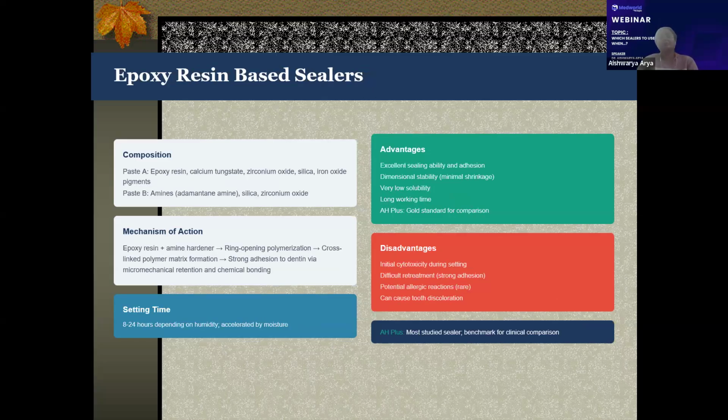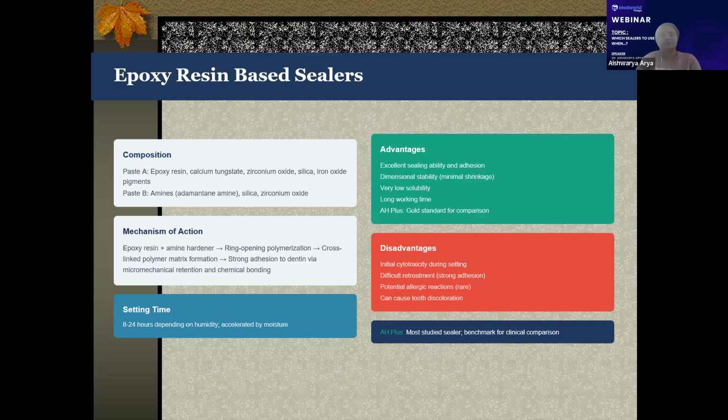Moving to epoxy resin-based sealers, these had very low solubility. The working time was enhanced, so you could easily place all kinds of master cones as well as your accessory and lateral cones. In this category, we had the AH Plus sealers. AH Plus sealer is considered to be the benchmark for clinical comparison as well as the benchmark for carrying out most of our cases.